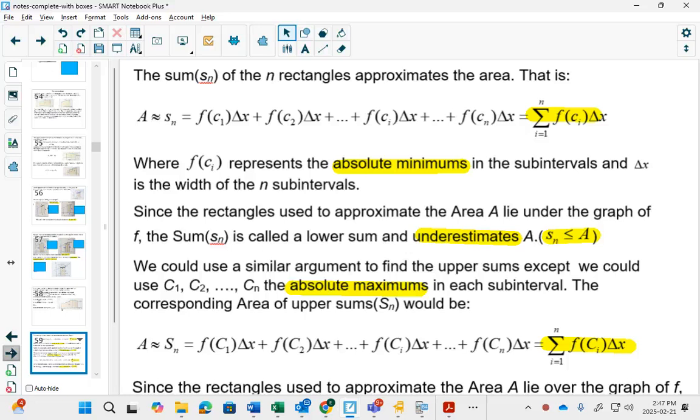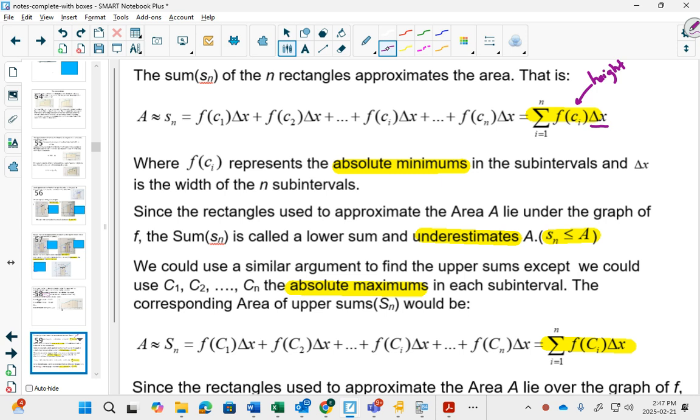So if we were adding all of these up, we could write this in sigma notation. We always had in each of those rectangles a change in x, because the bottom width was the same every single time. And then we always had this f of c1, that's the height of your rectangle.